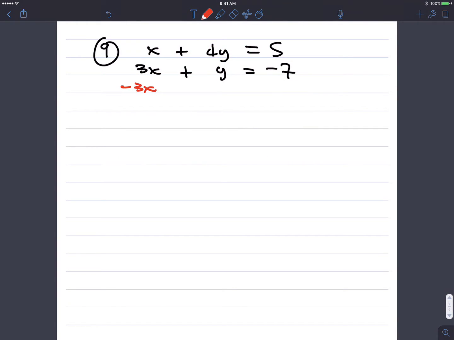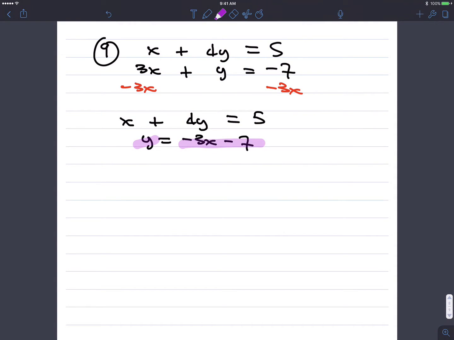I'm going to subtract 3x from that second equation. The second equation gives me y equals, well, let's write this first this way. First equation is x plus 4y is 5. My new second equation is y equals negative 3x minus 7.